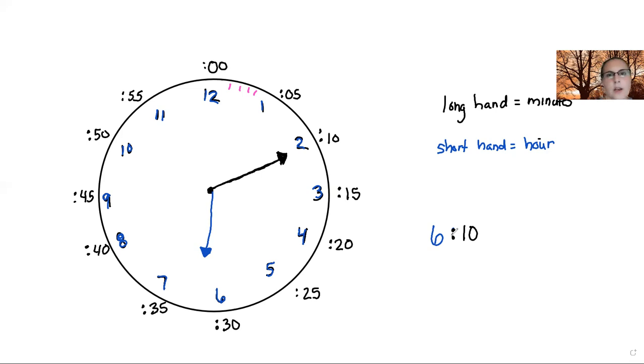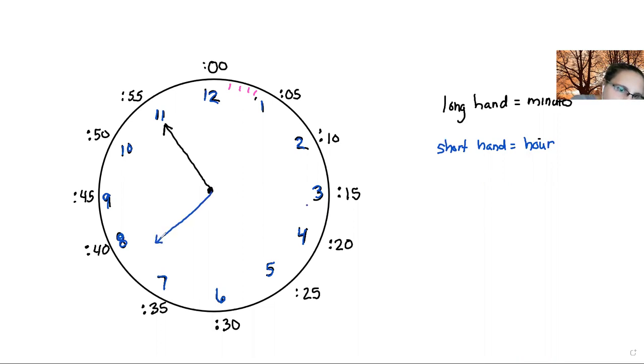So let's take a look at another example. My long hand is pointing up here. And my short hand is pointing right down here. What time do you think it is showing on the clock?